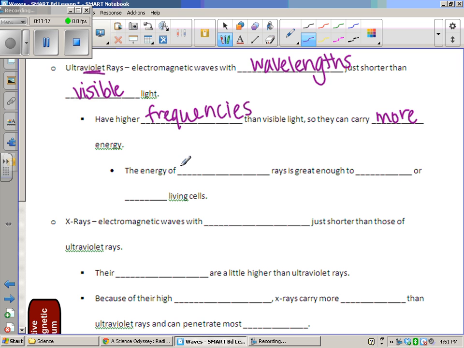The energy of ultraviolet rays is great enough to damage or kill living cells. So that's why it's always important for you to wear a sunblock that will try to block those ultraviolet rays from the sun.